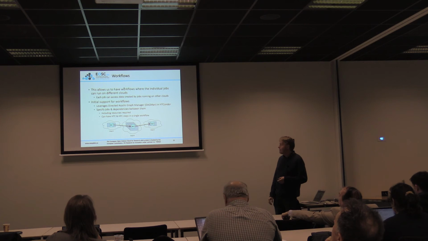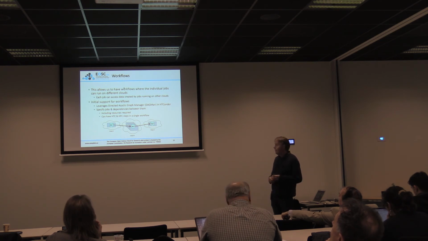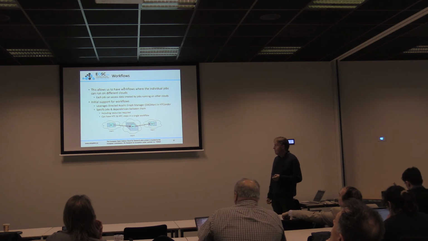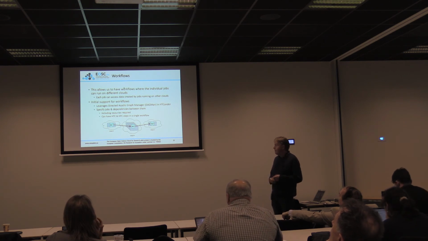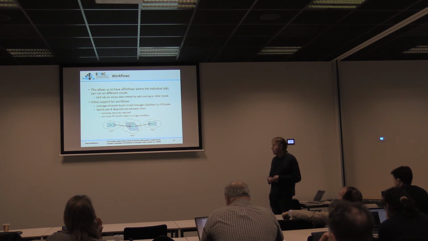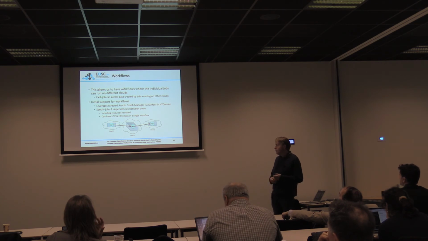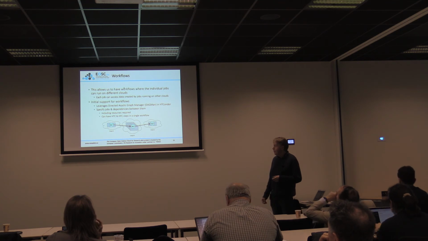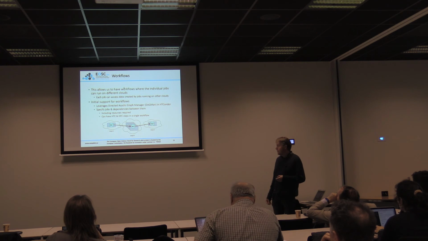Because jobs can access data, that allows us to have workflows where the individual jobs can run on different clouds, because the jobs can access the data that was created by previous jobs. For initial support for workflows, we make use of the DAGMan functionality that's in Condor. People can specify jobs and the dependencies between them.